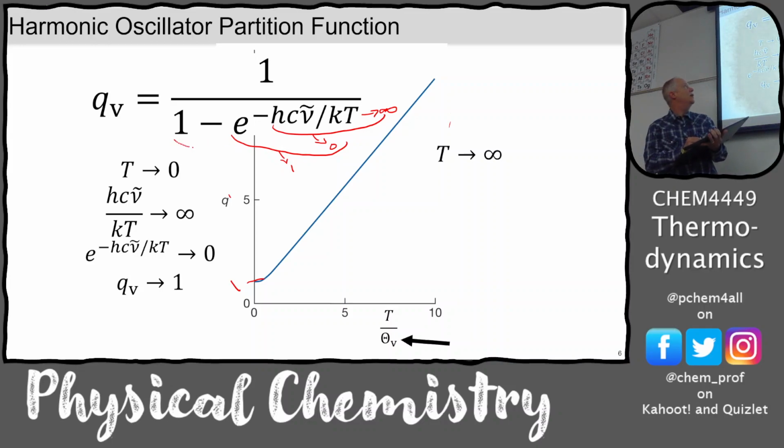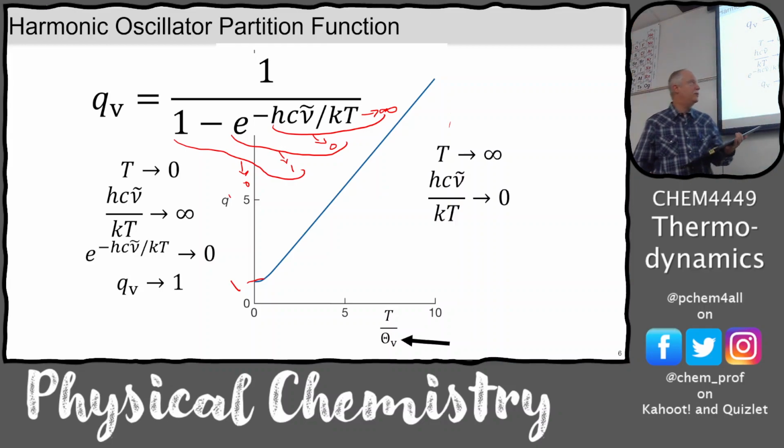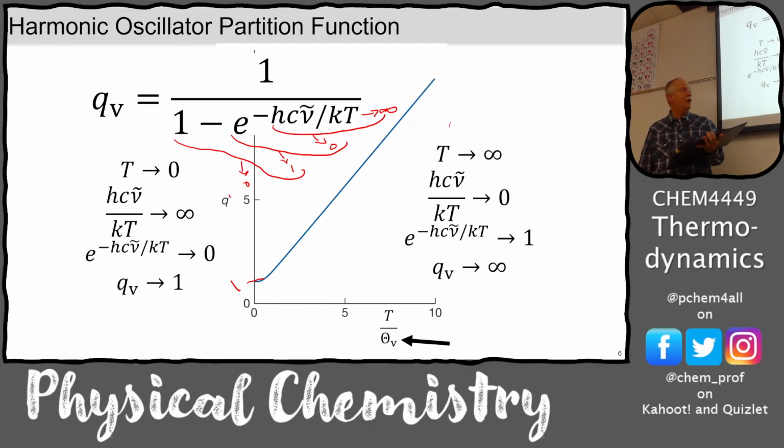And then this denominator goes to 0, so Q goes to infinity. Everybody follow those steps? It's not that bad. You've just got to be systematic. As temperature goes to infinity, this fraction goes to 0. As that fraction goes to 0, this e to the minus 0 is 1. And we have 1 minus 1 in the denominator, so that blows Q up. So temperature goes up, Q goes up. Temperature goes down, Q goes to 1.